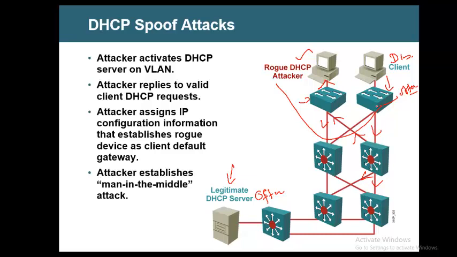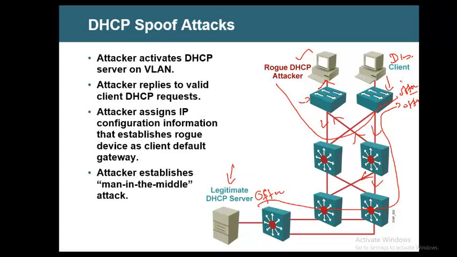And there is another option coming from the legitimate server, another offer. This legitimate server also says, okay, if you are taking me as a server, this will be my address. Now, what will the client do? The client will see which offer came first. That is going to be the preferred DHCP server. Because the rogue came first, the client will send a request to the rogue only.